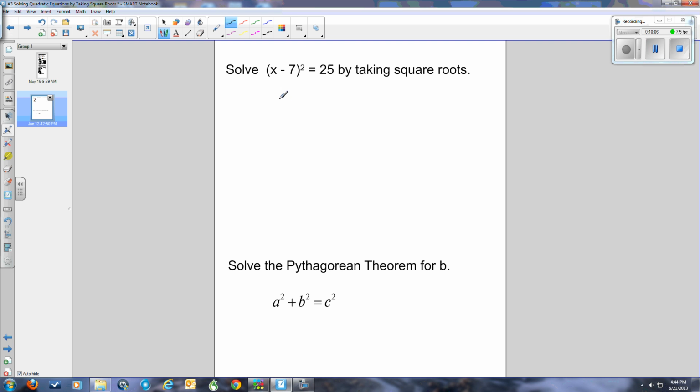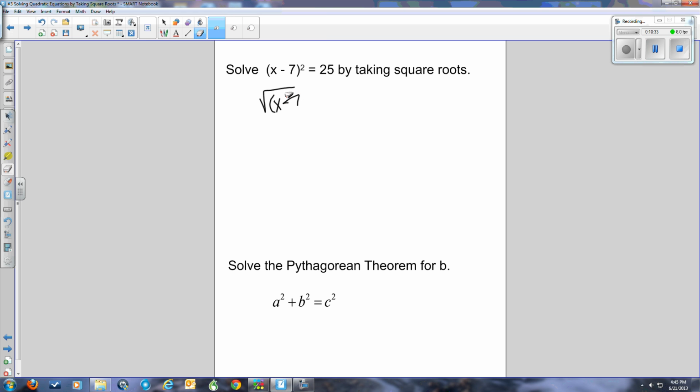Let's solve x minus 7 in parentheses squared equals 25 by taking square roots. Now, we want to get x alone. I'd like to get rid of the squared sign, and I know this is probably a little bit different, but if you need to get rid of something that's squared so that you can actually get to what's inside the parentheses, just take the square root of both sides here.